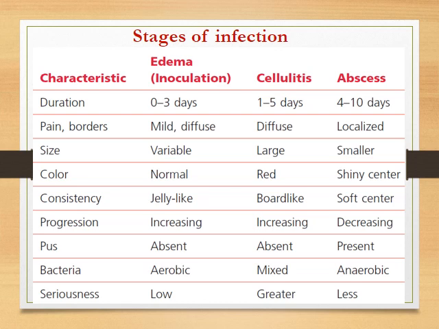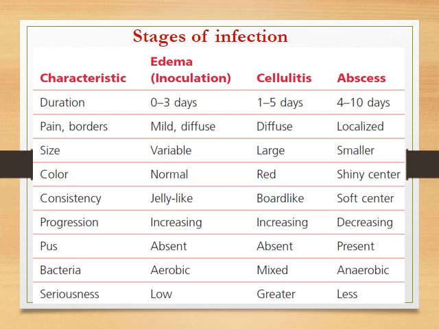Then we will progress to the third stage of the infection, which is the abscess stage, from 4 to 10 days. Here, the abscess is well localized, small in size compared to cellulitis. It's characterized by a shiny center due to the presence of the abscess. Consistency is soft, or we say fluctuant.